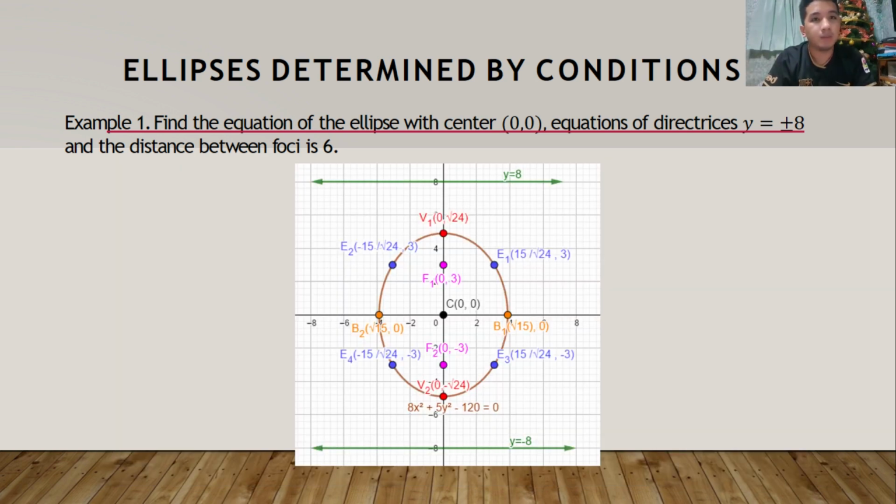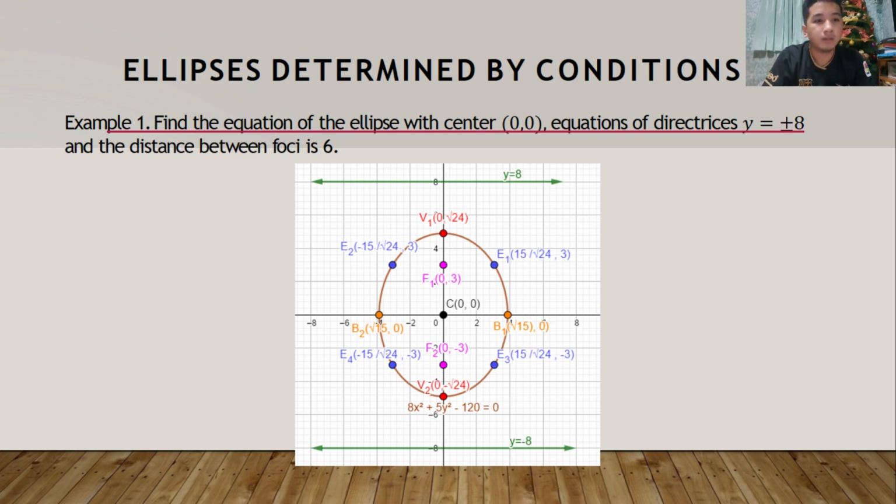This will be the graph of our example on ellipse determined by condition, which has our y equals 8, and our V1 is (0, the square root of 24). Our E2 is (negative 15 over square root of 24, 3), and our F1 is (0, 3).